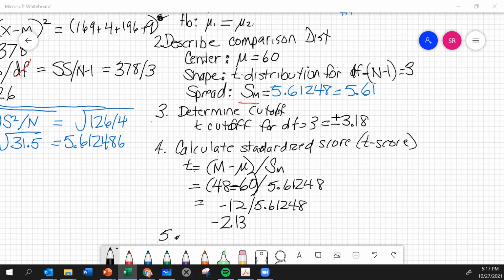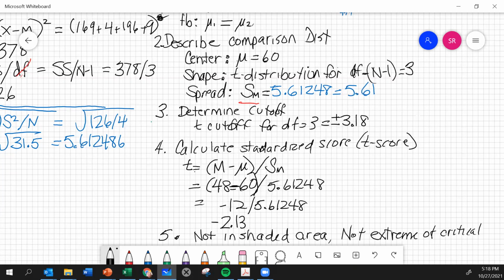Our value was -2.13, and we can say it is not in the shaded area, or what was called the critical area in that chart we saw, and not extreme to the critical value, which is also called the cutoff point.